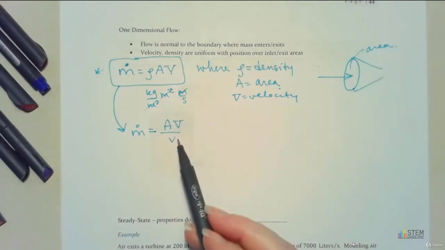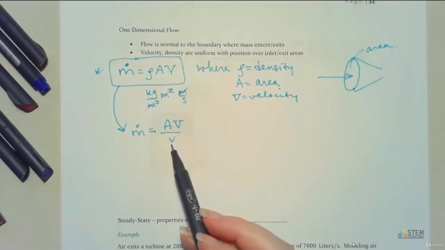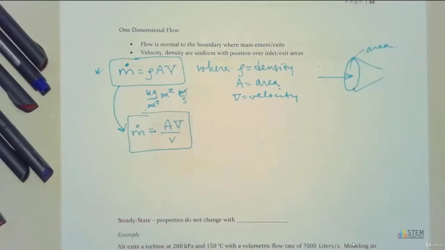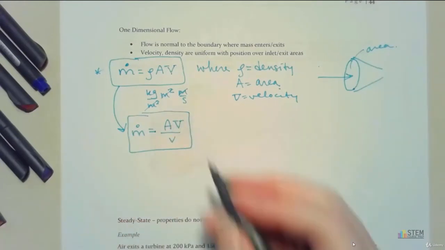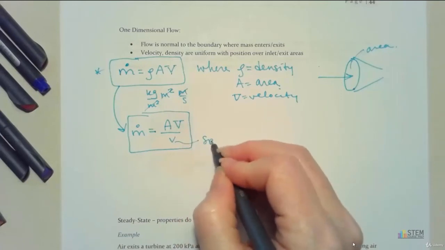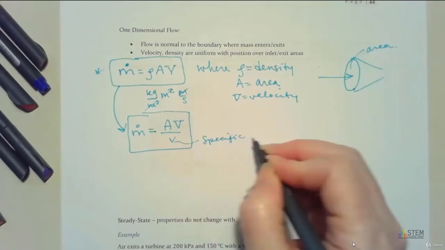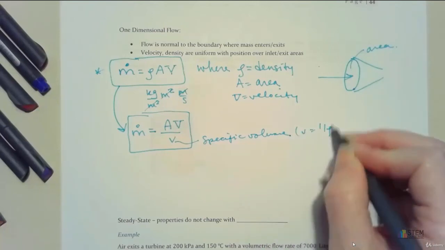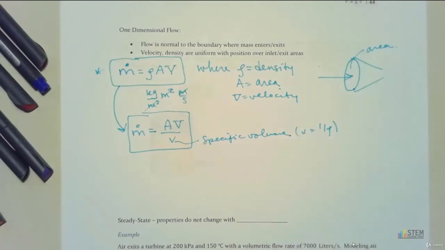Now you see in this equation, this is why it is important to distinguish between your v's, because otherwise you're going to have to make sure you really remember which is which. This little v here is specific volume. Remember, that's just 1 over rho. So we're just rewriting that equation in terms of specific volume.